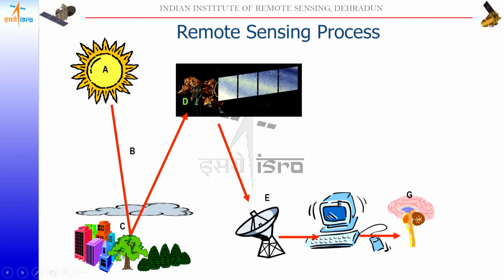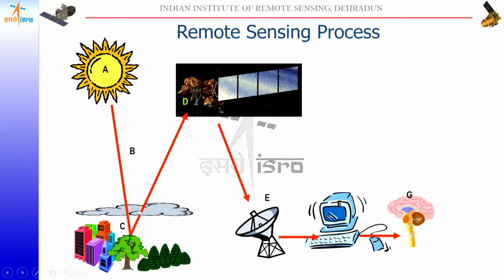So, you need to have a target, and you need to have a source of light that illuminates the target. Now, the target, depending upon its properties, will be reflecting, or it will be absorbing and then re-emitting, or if it has some transparency, it will be transmitting the radiation.